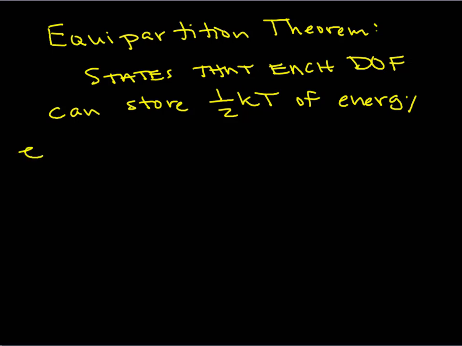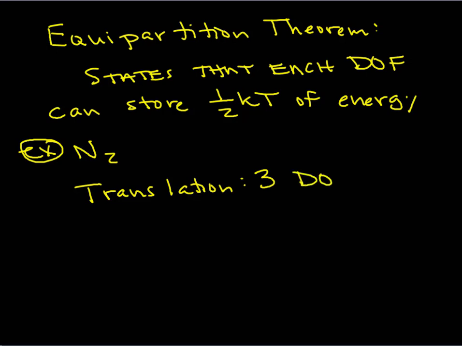And so, as our example, which we commonly use here in Chem, is for N2. And we would show that for translation, we've got 3 degrees of freedom. For rotation, we've got 2 degrees of freedom.